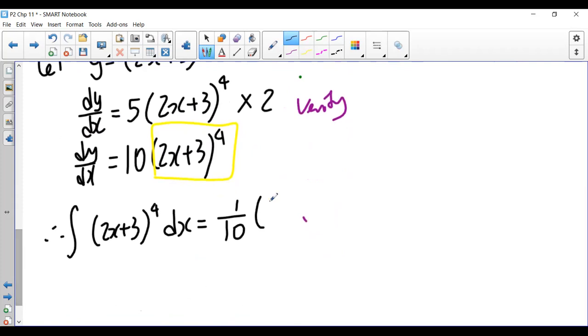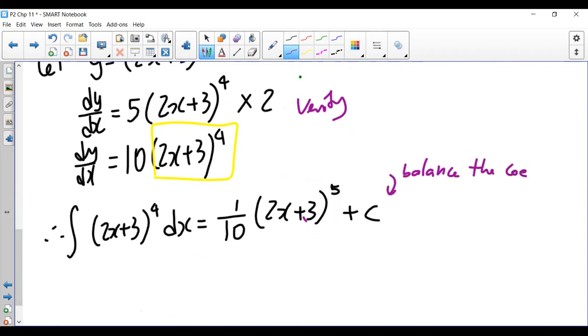My guess is 2x plus 3 to the power 5 plus c. This step is to balance the coefficient from 10 to 1. Therefore, we have to multiply by 1/10.